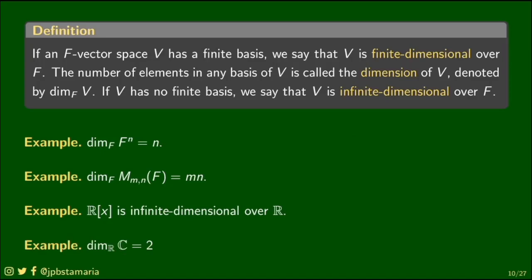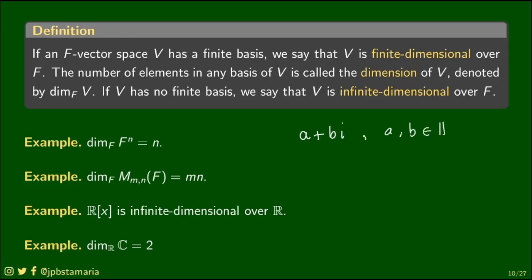Also, the space C of complex numbers over R is of dimension 2. Why? Because we need two real numbers, minimum, to specify a complex number. Remember that every complex number may be written in the form a plus bi, where a and b are real numbers.